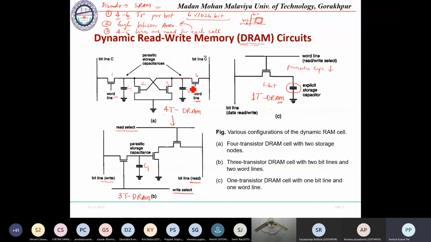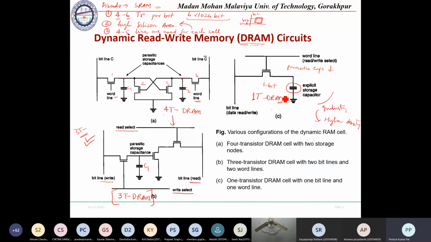In this course, we will basically see the operation of 3T dynamic RAM. 3T will be used from the operation point of view, while from the industry point of view, the single T is used. Why? Because of the need to increase density. For higher density, 1T dynamic RAMs are being used in industry.